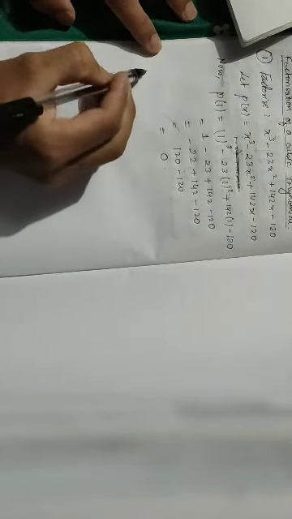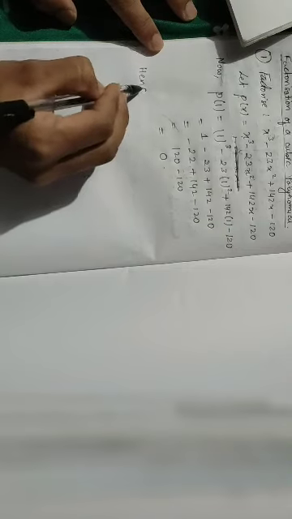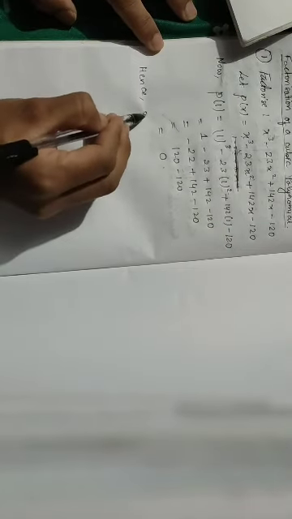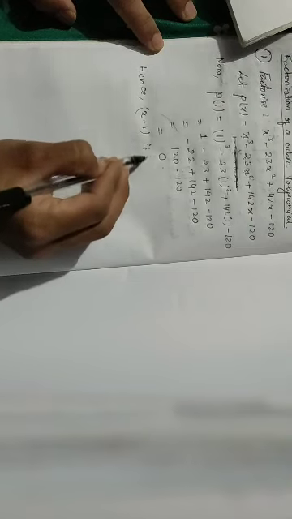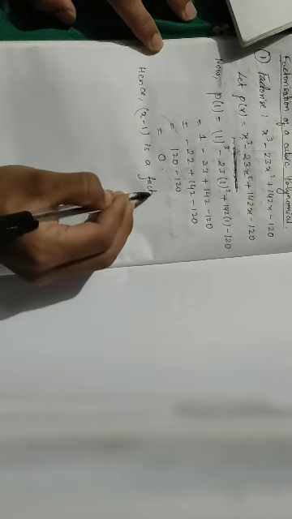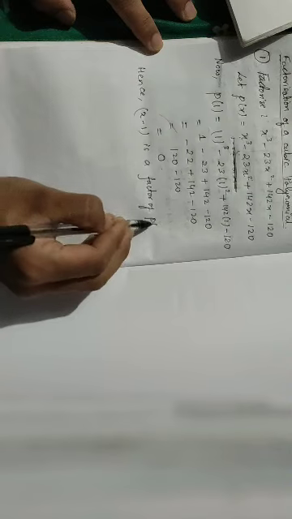Now, as I got p of 1 is 0, hence x minus 1 is a factor of p(x), since p of 1 was equal to 0.